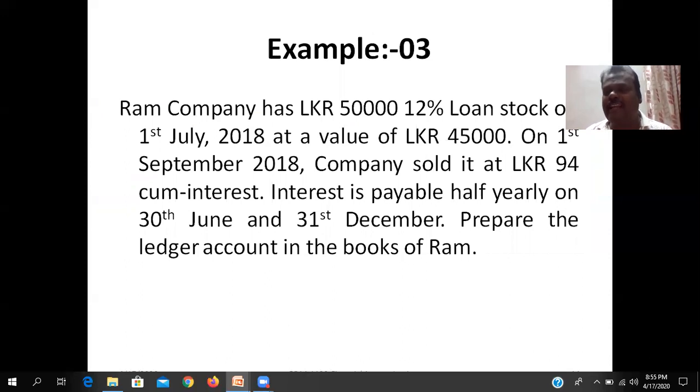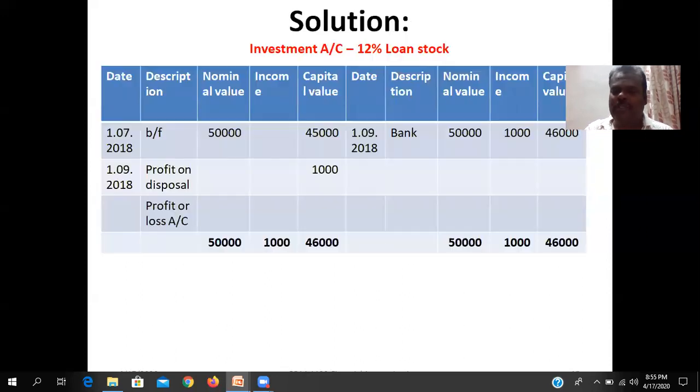So now we are the seller. So if the investment has been sold fully cum interest, then we don't need to compute the interest on this investment account. So we can close it. If we close it, we will not have any balance because the entire available investment has been fully sold.